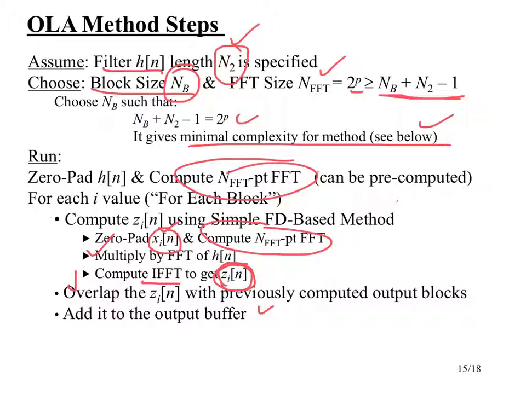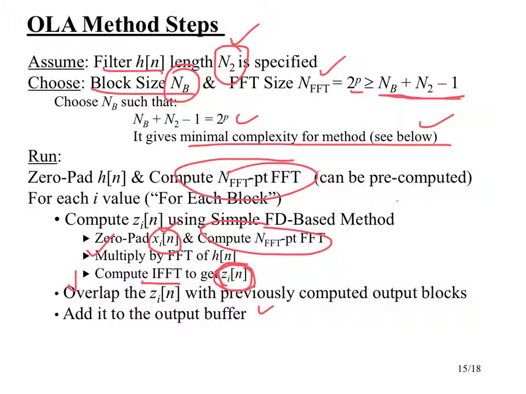If this is not the first block. Obviously in the first block there's nothing there, so there are no hangers-on, so I just put it in there and I'm done with it. For the second block, I have to align it properly with the hangers-on from the previous block and then add them together.